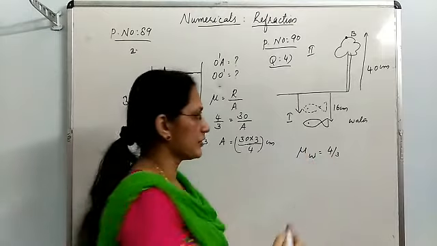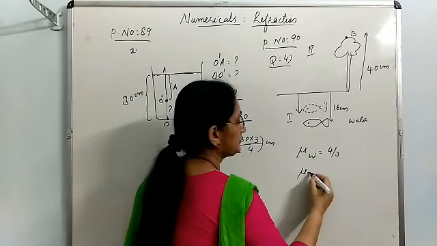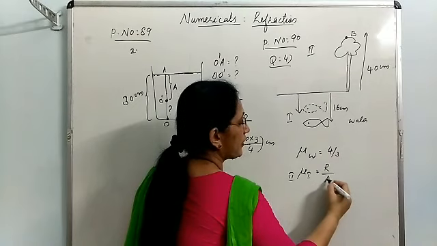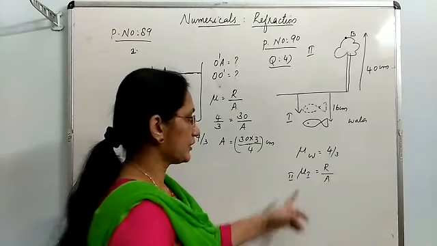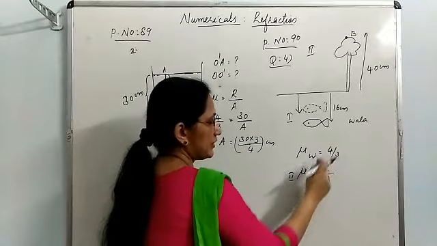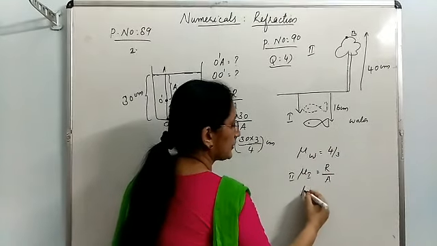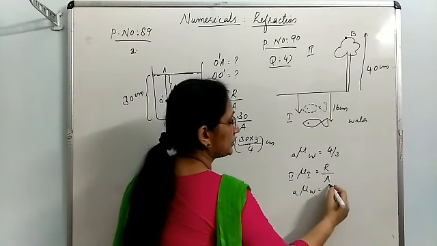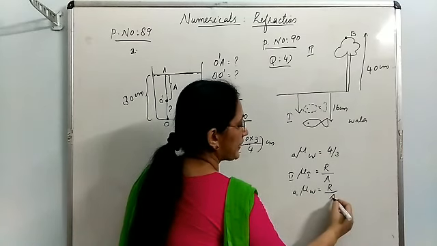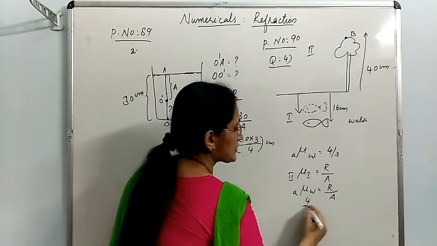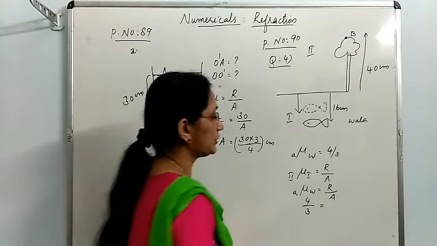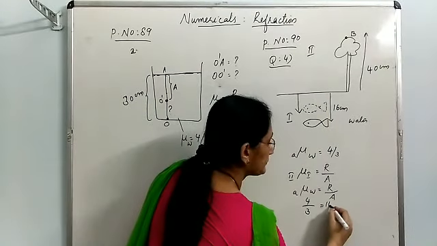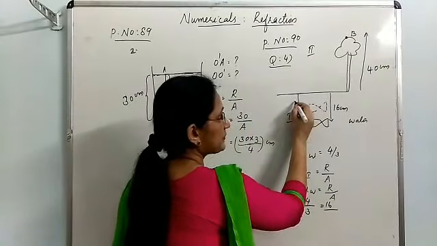Refractive index of first medium with respect to second medium is real depth upon apparent depth. Here refractive index of first medium is water, with respect to air, it is given already, is equal to real depth by apparent depth. This value is given as 4/3 is equal to real depth of the fish is 16 centimeter upon apparent depth is unknown.